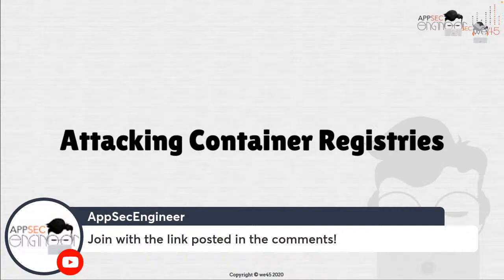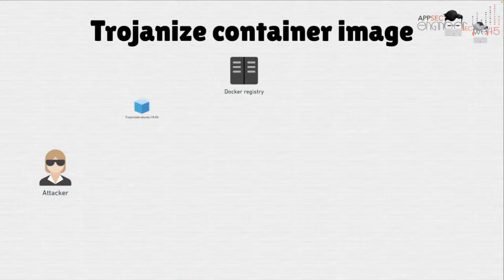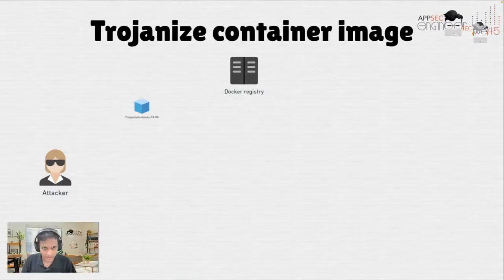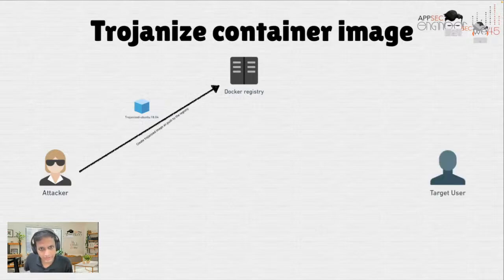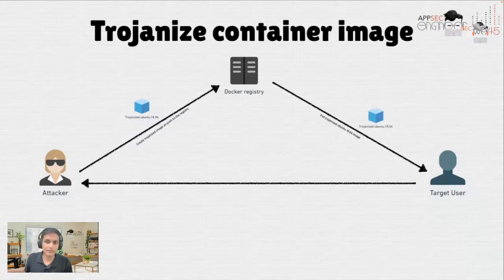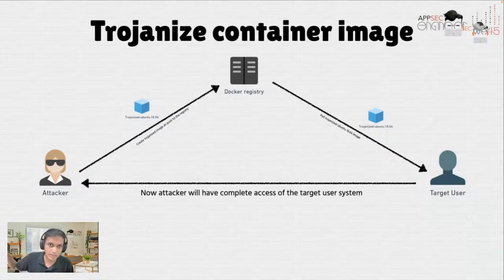So the lab which I'm going to be running as an attacker, I'm going to be Trojanizing a Docker image. I'm going to Trojanize a Docker image and push it to the container registry. In our case, it's going to be ECR. Whenever a target user or a victim pulls my Trojanized Docker image and runs it, I'm going to have complete access to that system.